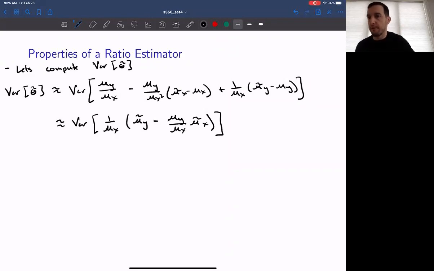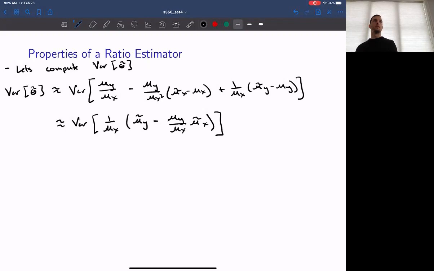So effectively, if you expand what's inside the variance operator on the first line, you will see that mu tilde x multiplies by mu y over mu x squared, and mu tilde y multiplies by 1 over mu x. So those are the only two terms that we actually need in the second line. And then I've just made a simplification to collect like terms on that second line.